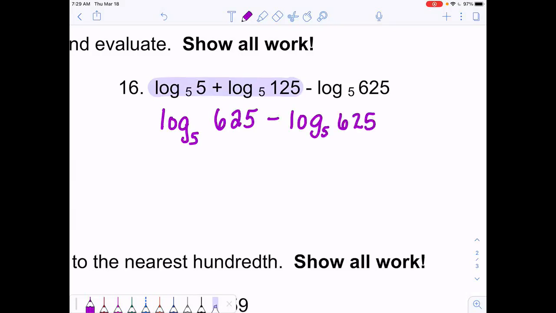All right. So if you chose to continue to condense this log, because it does say to condense, subtraction means they would condense into division. And again, you're dividing the quantity or the numbers after the log. So you're not actually dividing the log itself because that's the function.